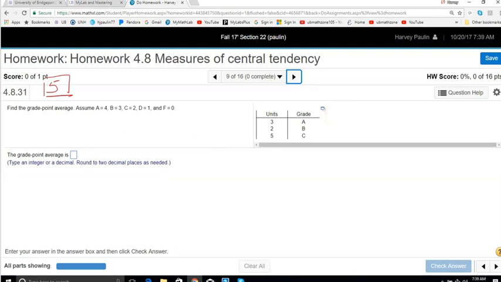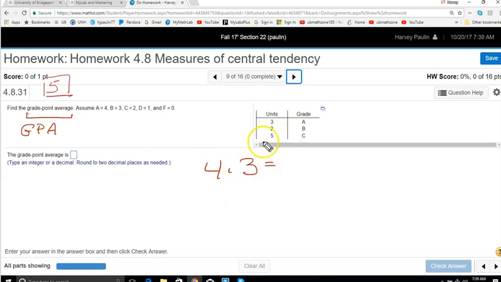Now, for number 5, we're going to take a look at the GPA here, where an A is worth 4 points, a B is 3, a C is 2, a D is 1, and F is none. So in setting this up will help you. We have 3 units of A's that are worth 4 points.